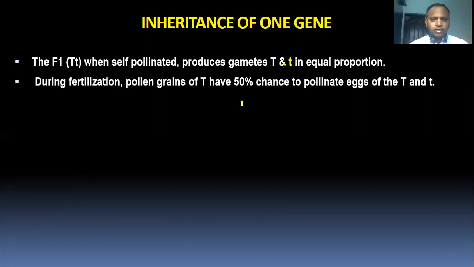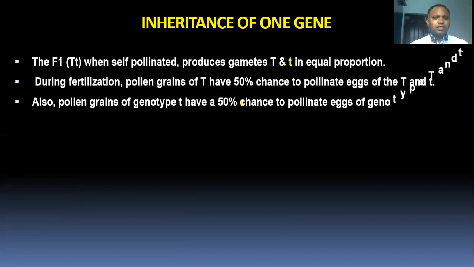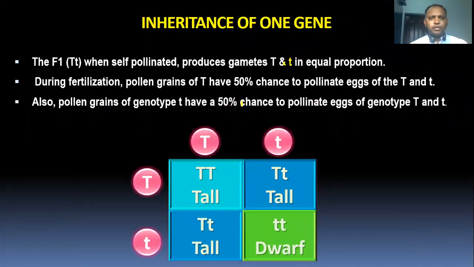But during fertilization, the pollen grains of T have 50% chance to pollinate the egg of either caps T or small t, right? Similarly, the pollen grains of genotype small t have 50% chance to pollinate the eggs of genotypes caps T and small t.